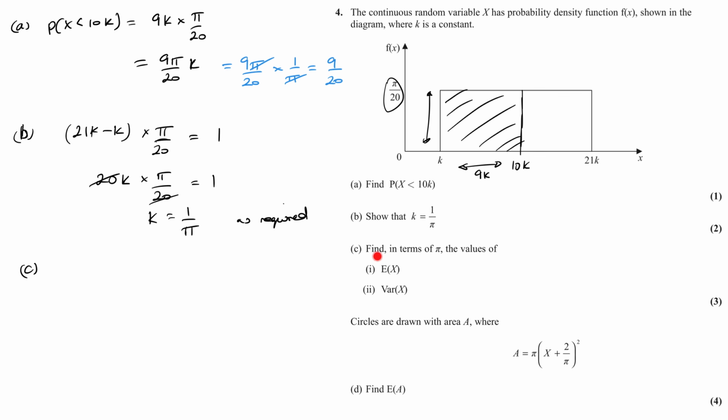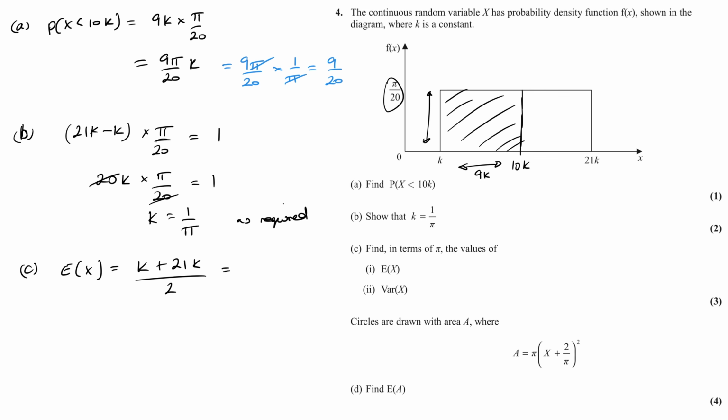Part C is find in terms of pi the values of E of x and the variance of x. So obviously this is a uniform distribution, and a plus b divided by 2 is the mean. So a plus b are your two limits, divided by 2.